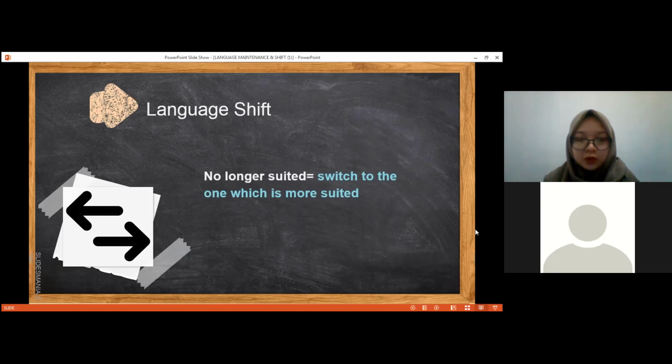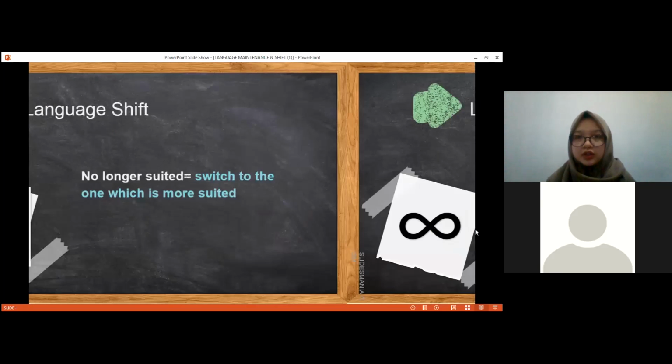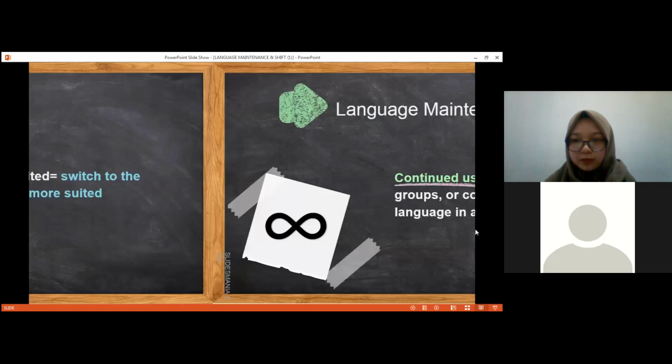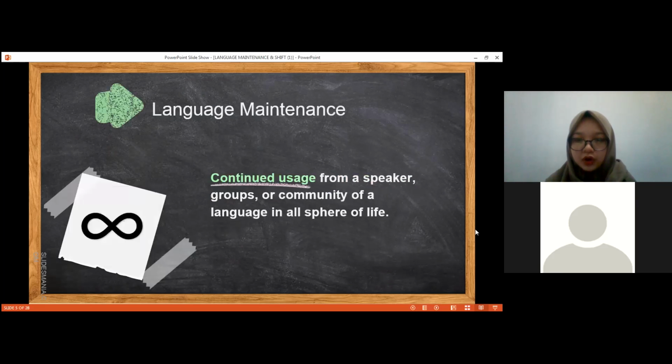For language maintenance, it refers to the continued usage by a speaker, group, or community of a language in all spheres of life despite competition from a more regionally and socially dominating language.